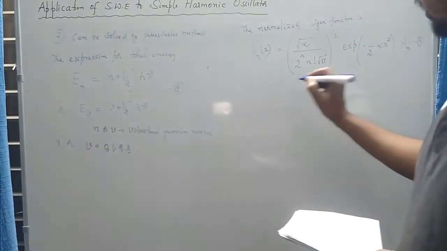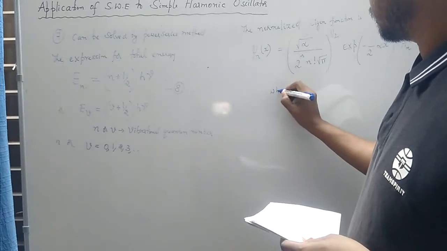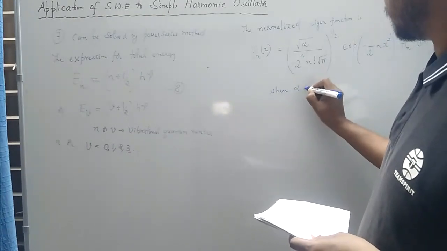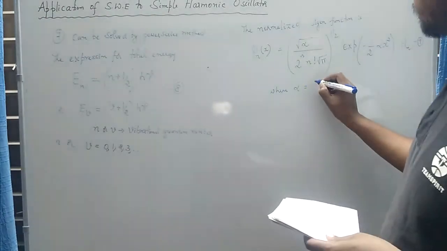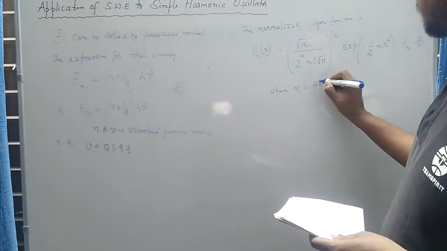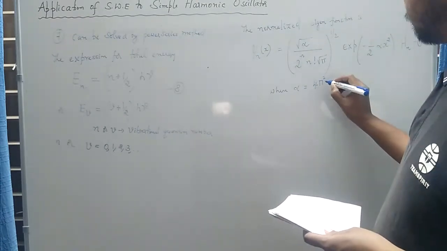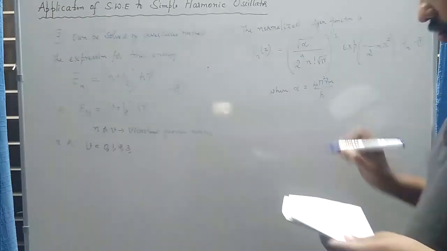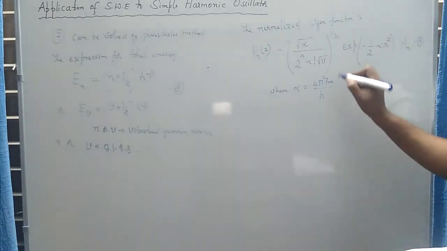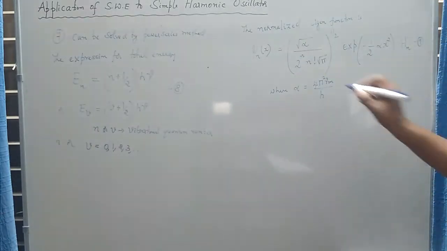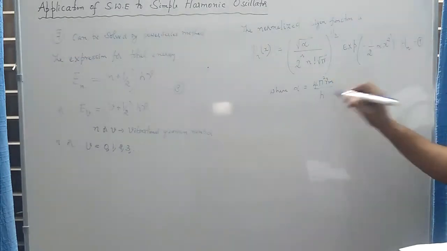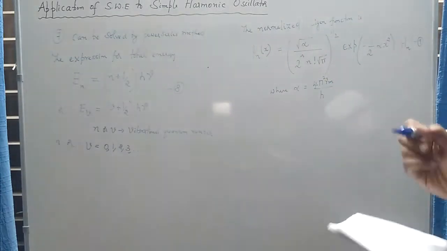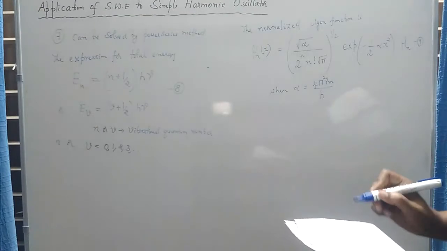What is alpha here? Let us define. Alpha is defined as 4 pi square nu into m divided by h. All the terms on the right hand side are known to you. Nu is the frequency, m is the mass of the particle subjected to vibrational motion, h is the Planck's constant.